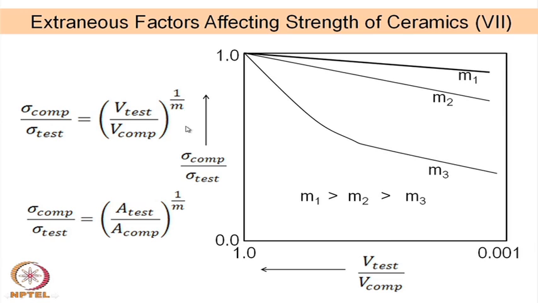So, volume also has a role to play. What is the volume of the test specimen you have taken compared to the component? It is difficult to get a representative sample if you are talking about a large component. Large component means you have to take a large size of specimen, so as to get a representative property measurement.